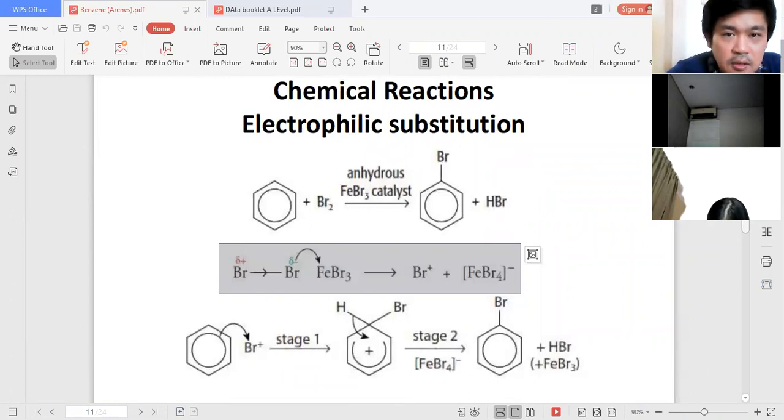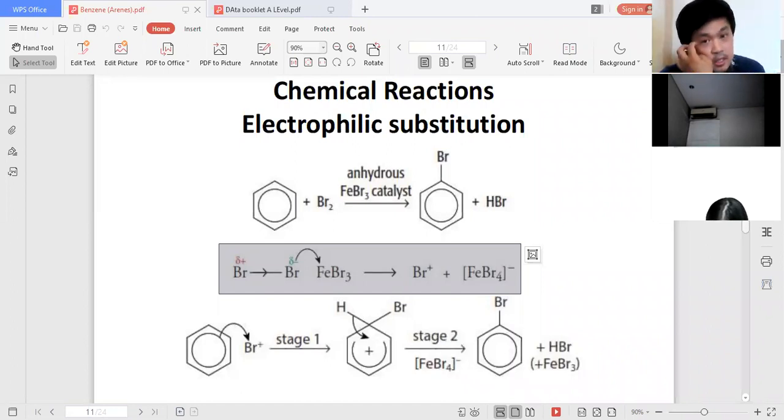The mechanism for benzene is always electrophilic substitution. And last time I told you that the condition has to be extreme or harsh. In this case, the harsh condition is using anhydrous iron(III) bromide catalyst, or it is called the Friedel-Crafts catalyst.